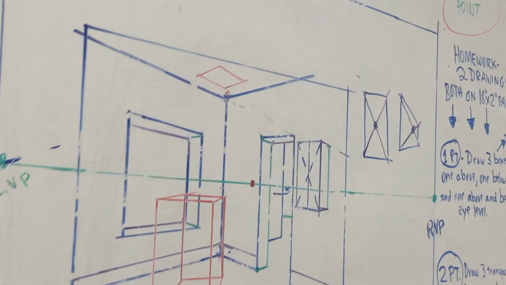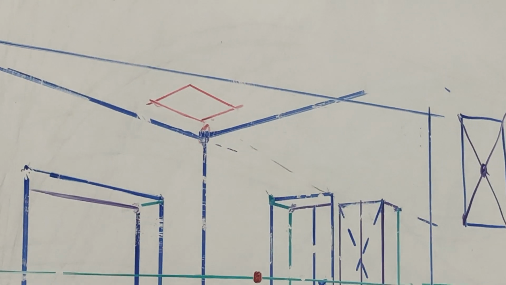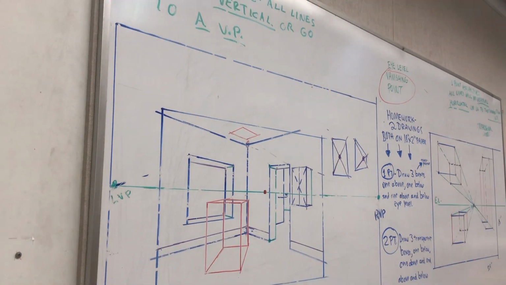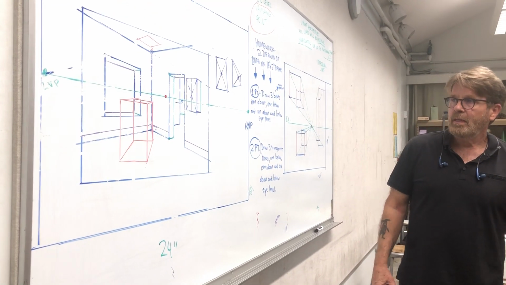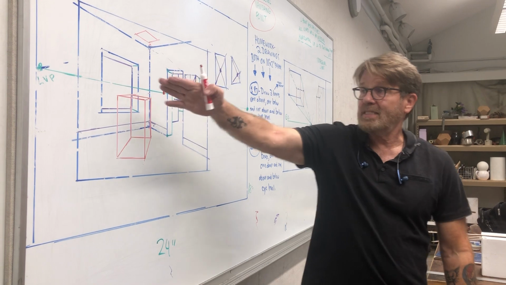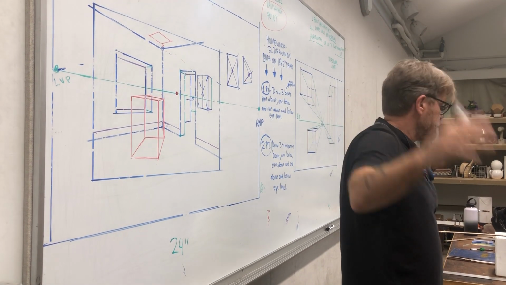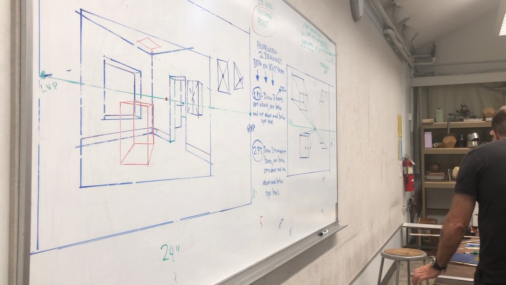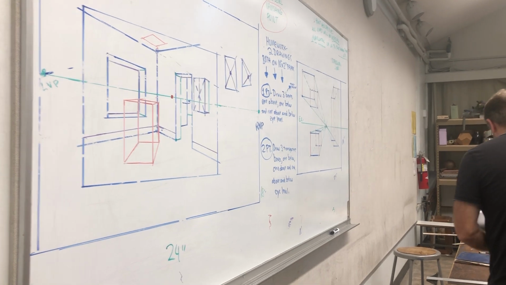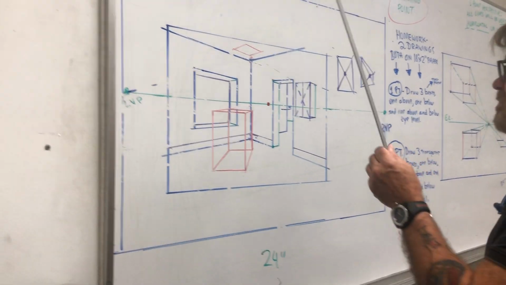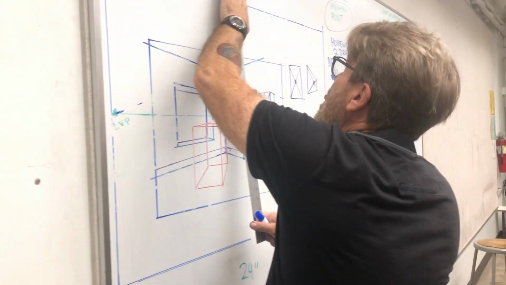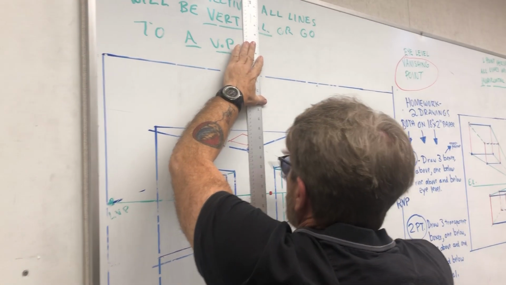That's the equivalent of the bottom of a box, but it's on the ceiling. So since it's a skylight, what's the skylight? It's a window in the ceiling, right? Let's give it some thickness.